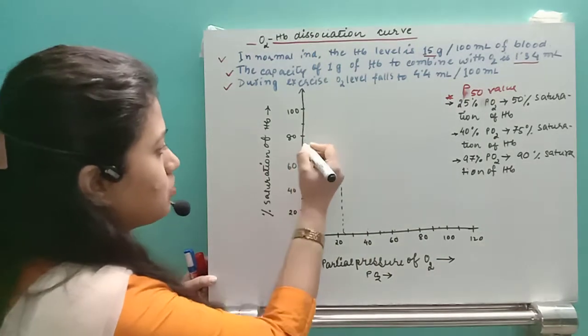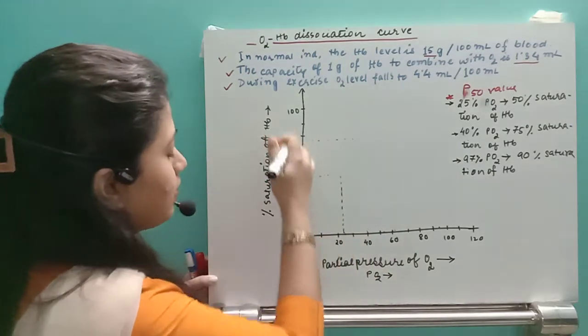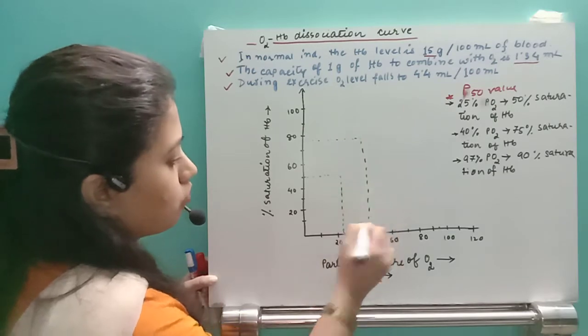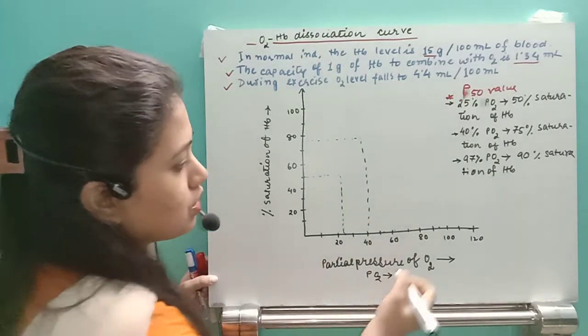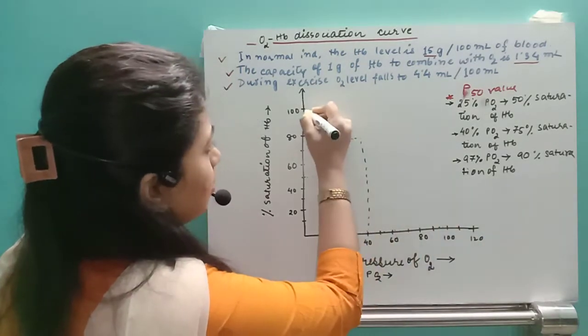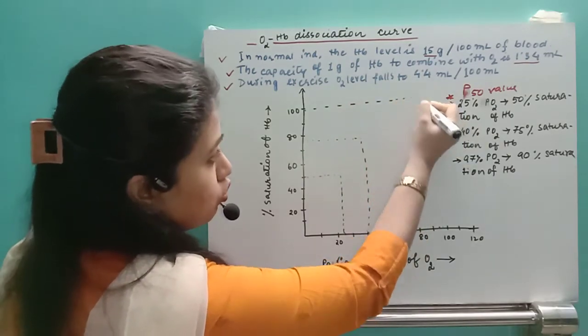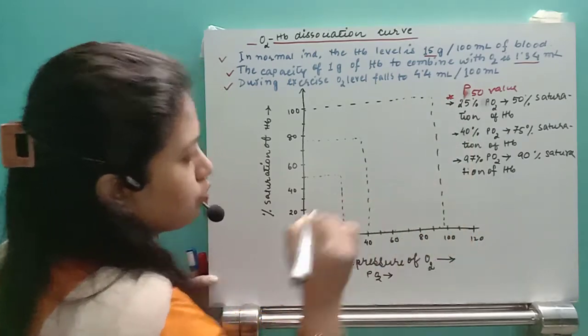So this is 70, this will be 75. And whenever the partial pressure of oxygen is around 97%, then around 97 to 99% of the hemoglobin will bind with oxygen.